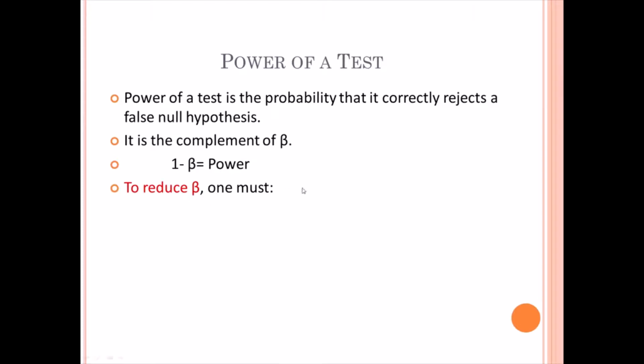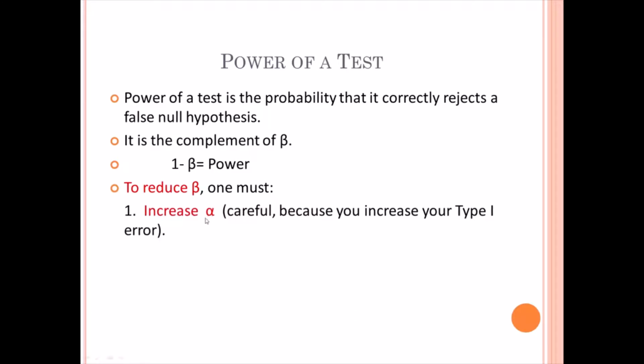So to reduce beta, here are your 3 options, and you need to know these. You can increase alpha. We already talked about that. You have to risk that type 1 error, so you have to figure out what's a good balance. But if you increase alpha, beta goes down. You can increase your sample size.